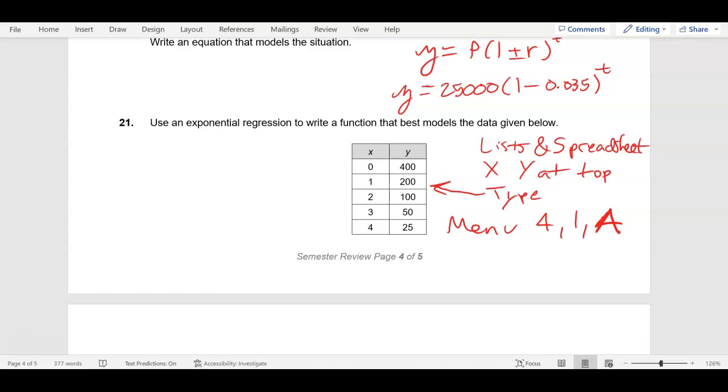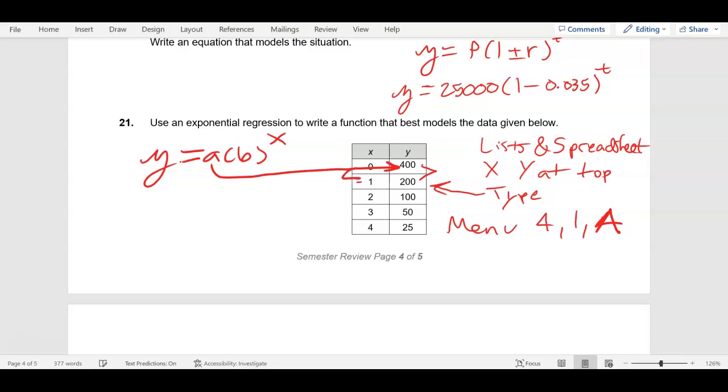And once you type that in, it'll give you the format, which is going to be Y equals a times b to the power of x. Okay. Now remember, a is your starting value, or your y-intercept. So technically, your a value is on this table right there, and then your b value is going to be your common ratio. Okay.